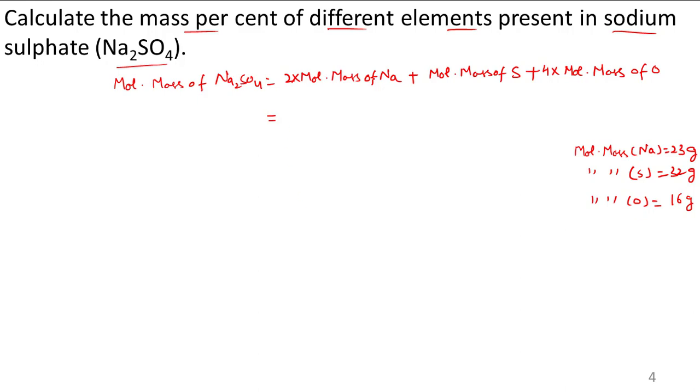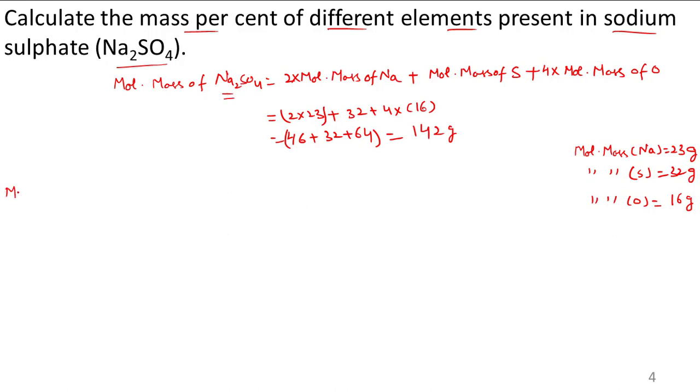So we can write 2 into 23 plus sulfur is 32 plus 4 into 16, so it is 46 plus 32 plus 64, which is equal to 142 grams. So molar mass of sodium sulfate is 142 grams. Now let us calculate first the mass percentage of sodium.